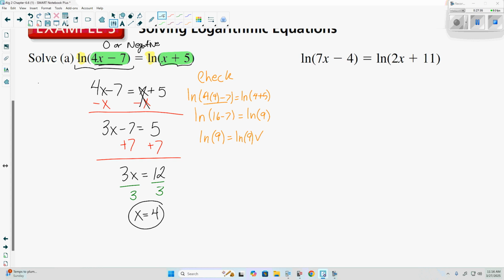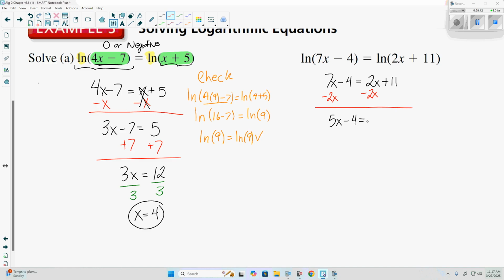So again, natural log of 7x minus 4 is equal to the natural log of 2x plus 11. We have one log on either side, and they are the same logarithm. And the only way these can be equal is if what's inside each logarithm is equal, which means that our 2x plus 11 has to equal 7x minus 4. What can we do first? We can subtract 2x. 7x minus 2x is 5x.